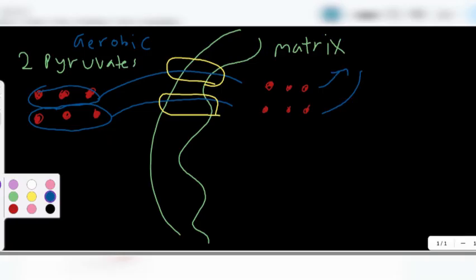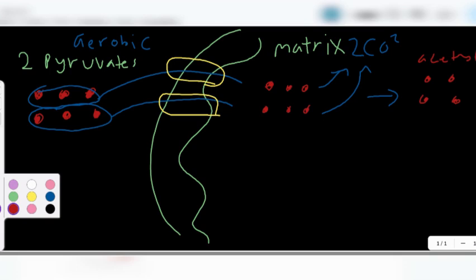The remaining 2-carbon acetyls are oxidized, which means they lose electrons. Technically there are 4 carbon atoms left, but those are 2 acetyls because each acetyl has 2 carbon atoms.